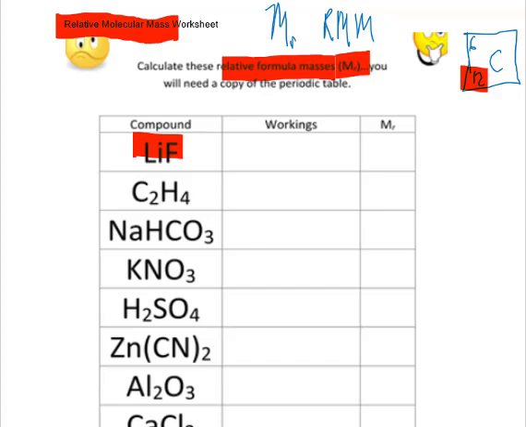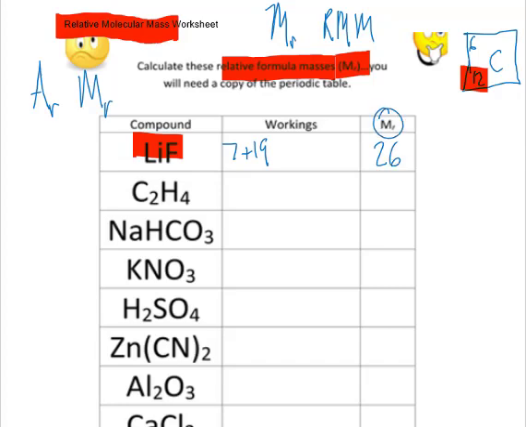So I get the relative atomic masses, AR for atomic masses, and when there's more than one atom, it becomes molecular masses. The AR, the atomic mass of lithium, is 7, and the atomic mass of fluorine is 19. So I simply add them together, and I get 26.